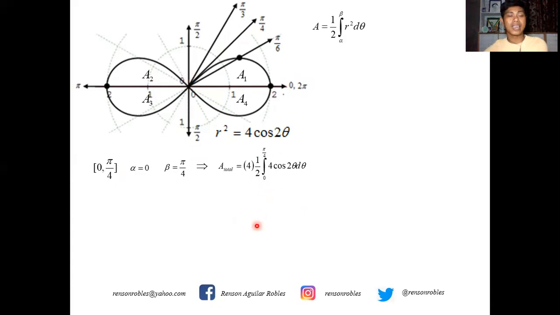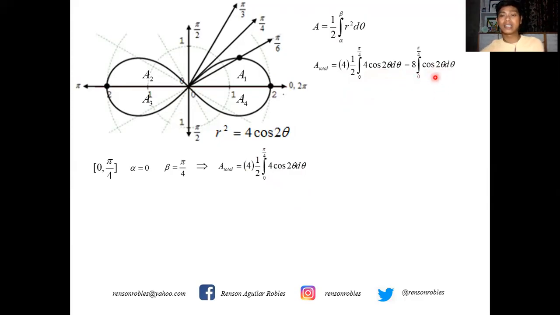And the total area is given by 4 times the area of this subregion. So 4 times 1/2 times the integral of 4 cosine 2 theta d theta evaluated from 0 to pi over 4. And simplifying, 4 times 1/2 is 2 times 4, that becomes 8 times the integral of cosine 2 theta d theta.